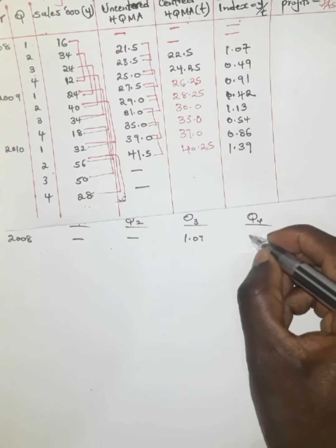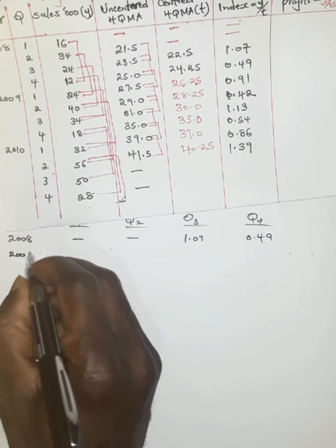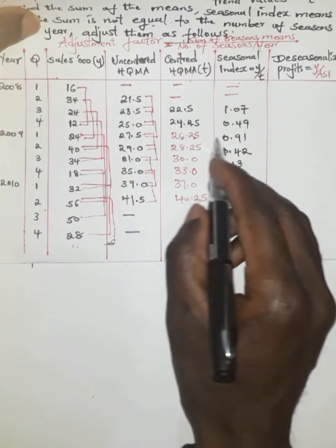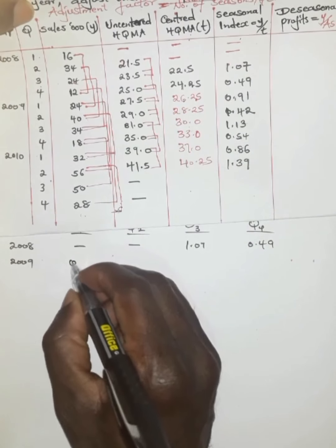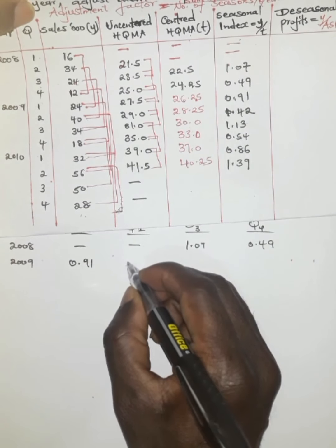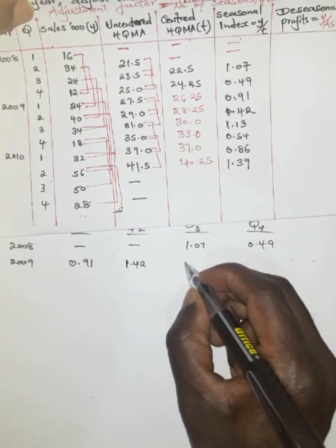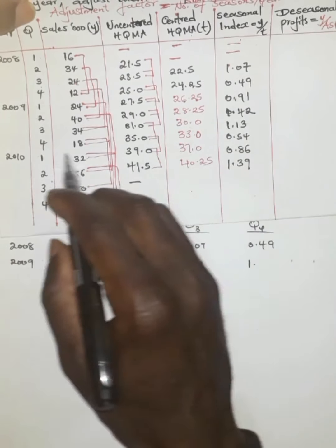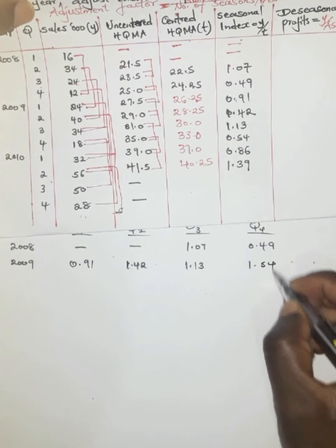So we have 1.07 and 0.49. Then 2009, we have the seasonal index for all the quarters. We have 0.91, we have 1.42, we have 1.13, then 1.54.